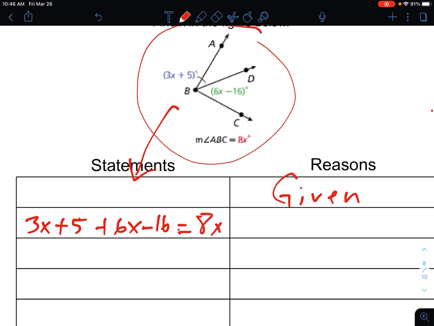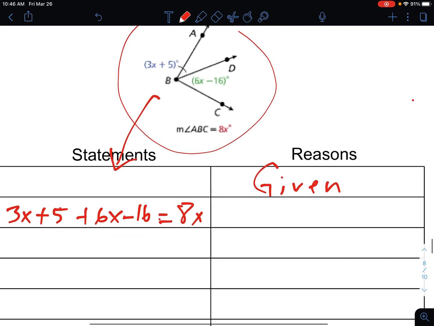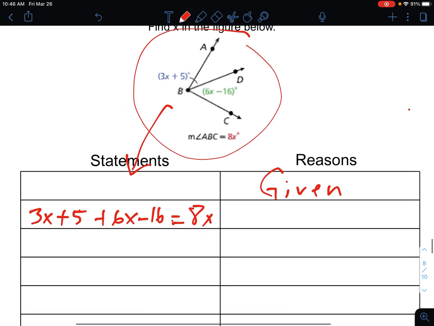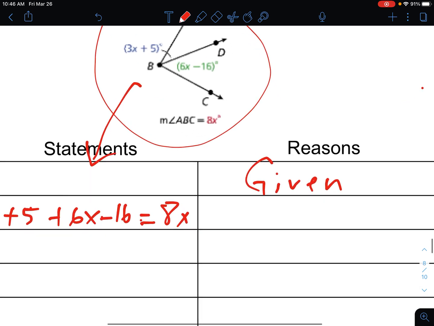Part plus part equals the whole. Okay, what allowed us to do that? That's the angle addition postulate.